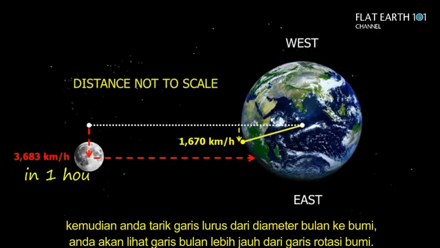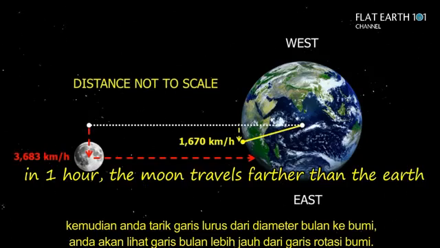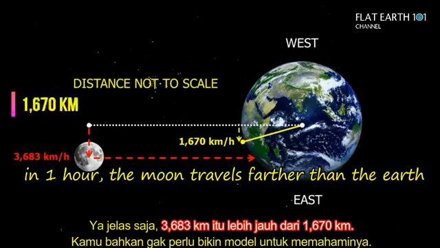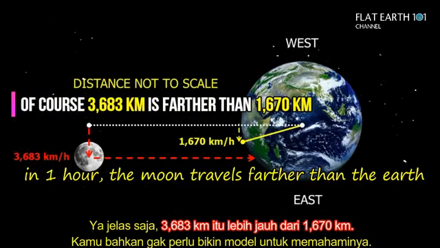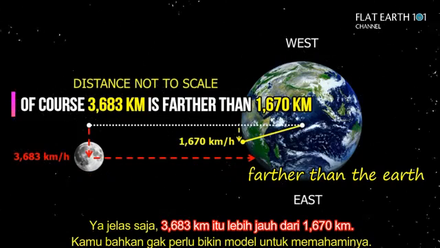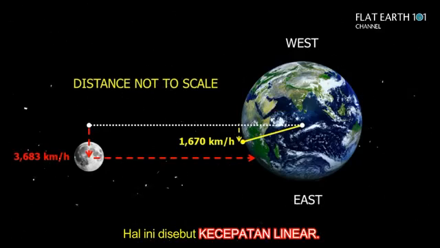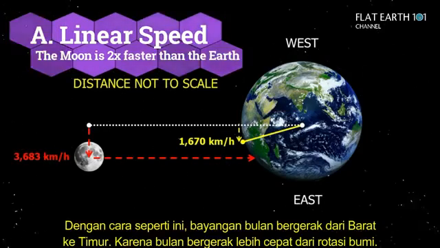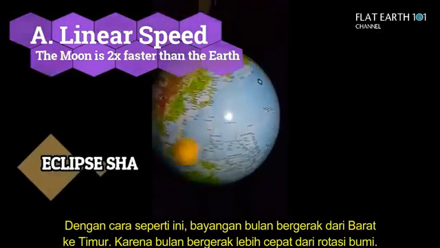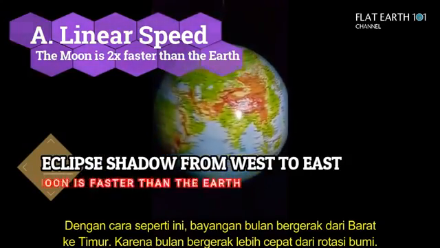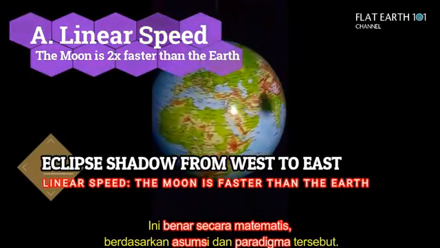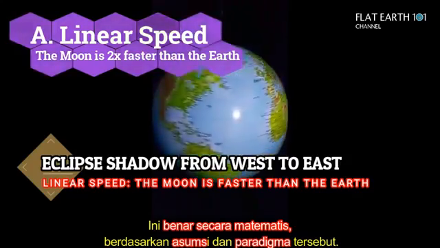You will see the moon's line is farther than the Earth's line. But of course, 3,683 kilometers is farther than 1,670 kilometers. You don't even need a model to understand. This is called linear speed. In this way, the eclipse shadow moves from west to east because the moon is faster than the Earth. It's mathematically correct based on that assumption and paradigm.